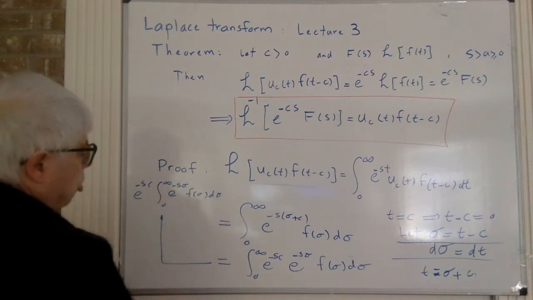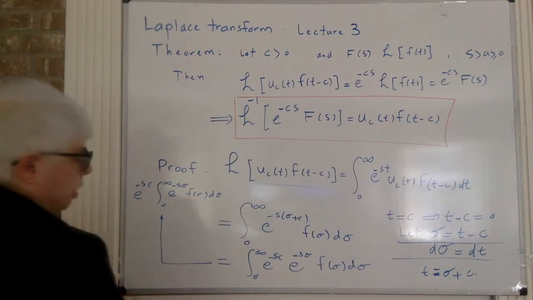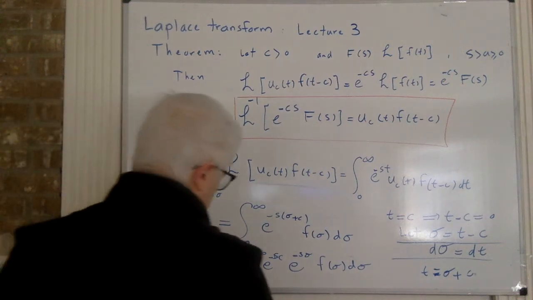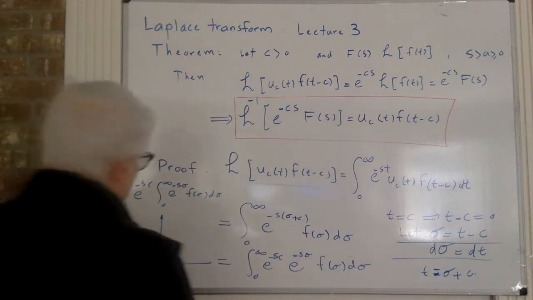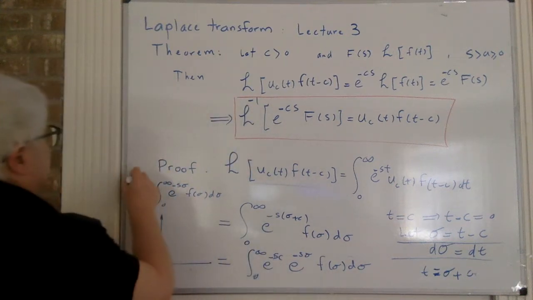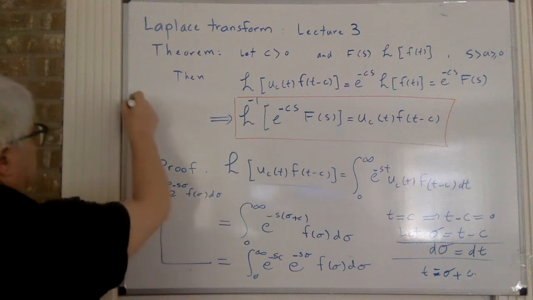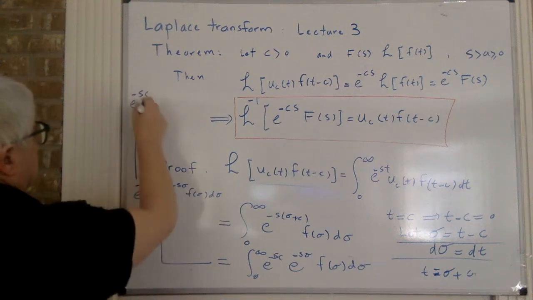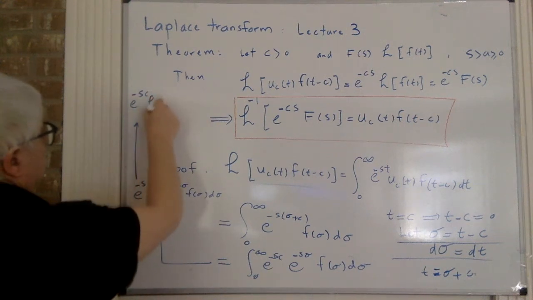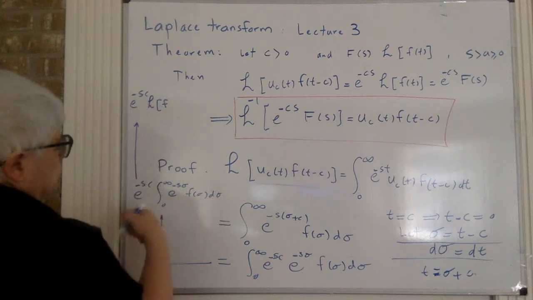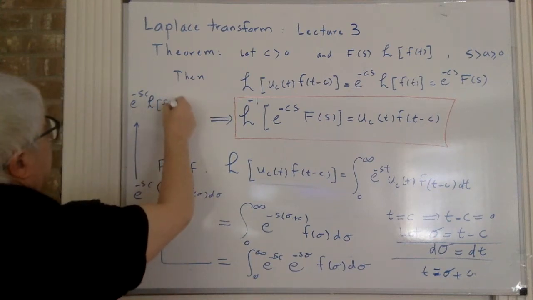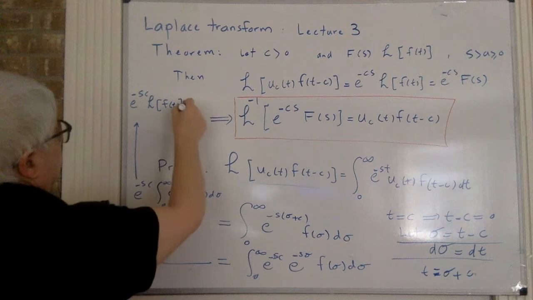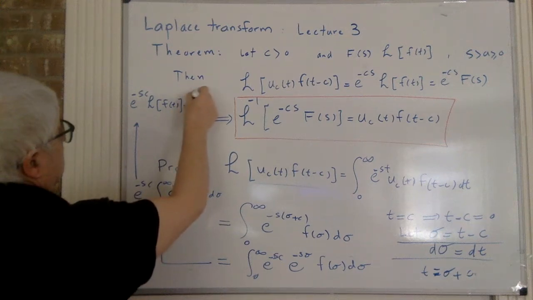But what is this? This thing is in fact the Laplace transform of f. So this will be e to the power minus sc times L of f. Now this sigma is a dummy variable, so I can still write f(t), which gives e to the power minus sc F(s).